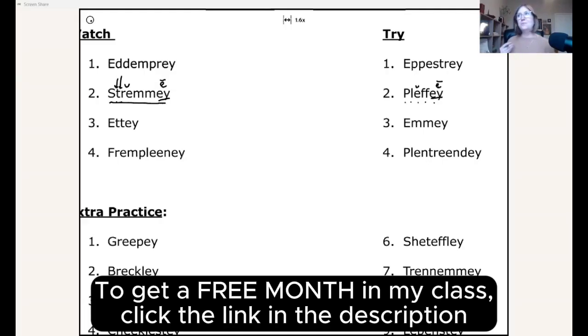It's learning to identify it as an E sound at the end of words. So our sounds are P, L, E, F, E, pleffy, pleffy. Make sure it's not pleffery, pleffy, pleffy. Try number 3 over here on your own.